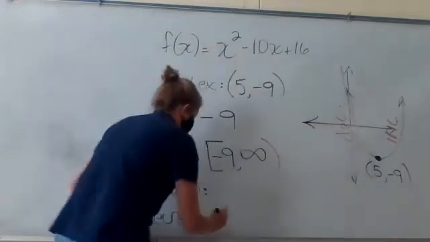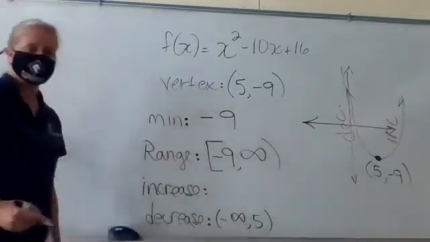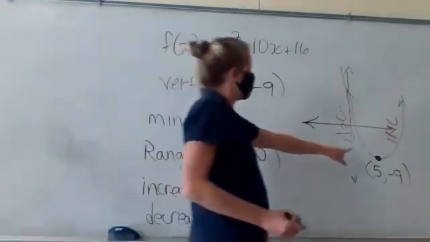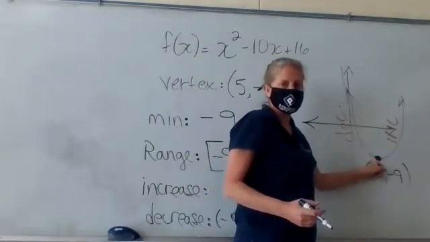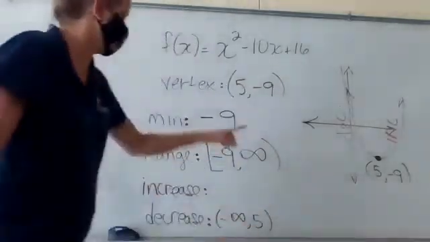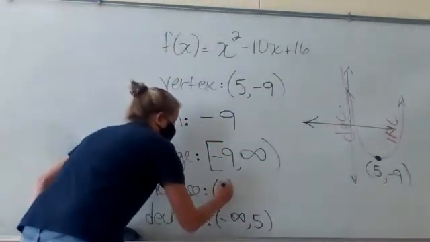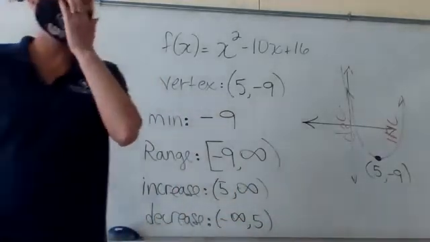That's the decrease side. What do I start doing once I get to this point? I start at the 5 to go up, and then I go up forever. So if I start increasing at 5 and go up forever to infinity.